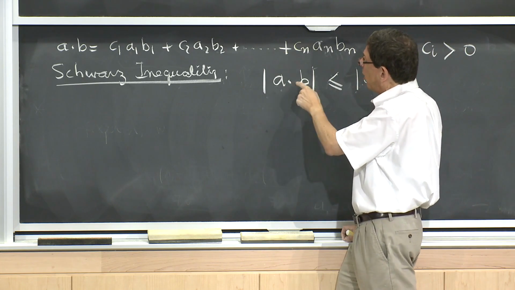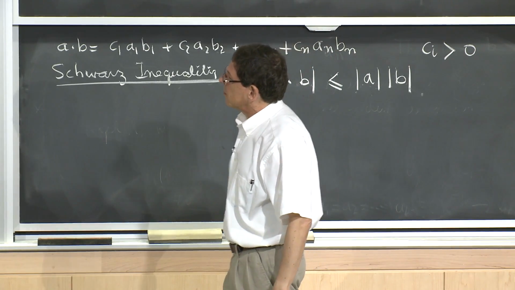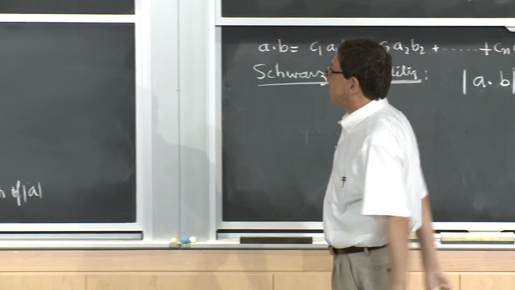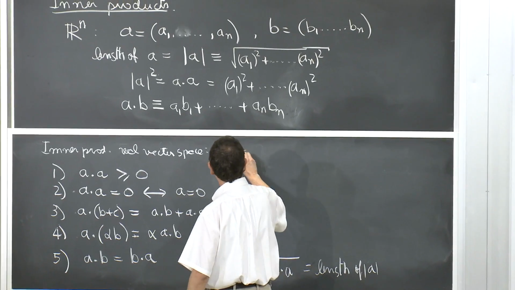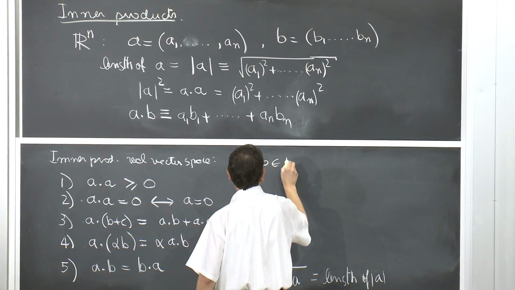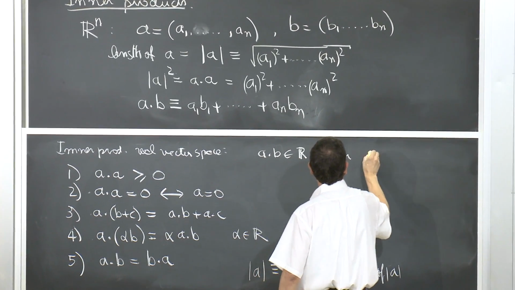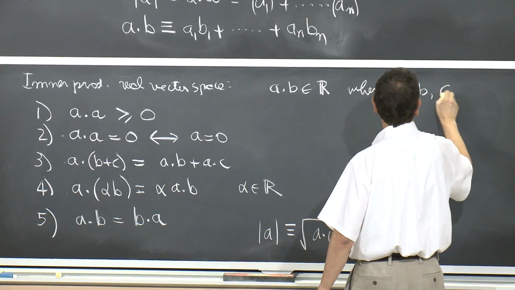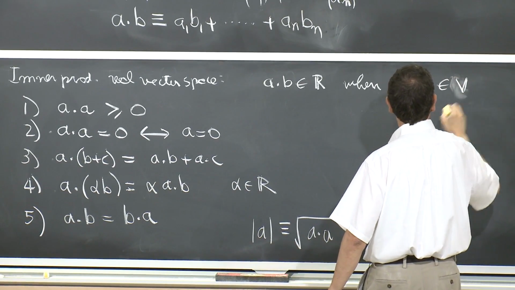Watch out. A dot B is a number. So maybe that's something I should have emphasized here, that A dot B belongs to the reals. A dot B is a real number when A and B belong to this real vector space.